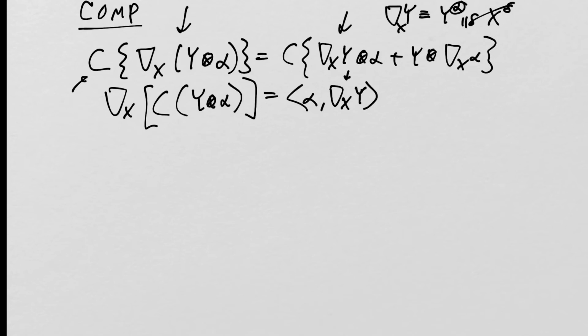So you have a vector and a one form, or a vector and a covector. So that equals that thing plus this guy, the covariant derivative with respect to x of alpha, oops, not tensor product, alpha, the covariant derivative with respect to x of alpha y.